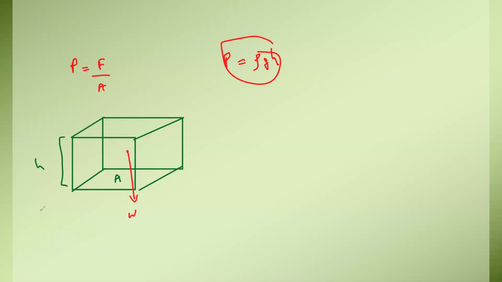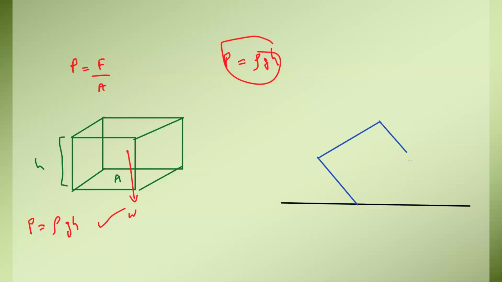So if I want to calculate the pressure in this case, I can use this formula, that the pressure equals the density of the solid times gravity times the height. It will work. But what if the same solid is there, but we change the area in contact?